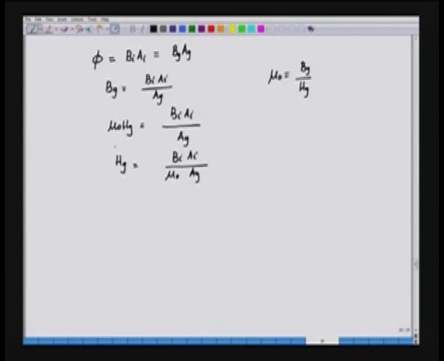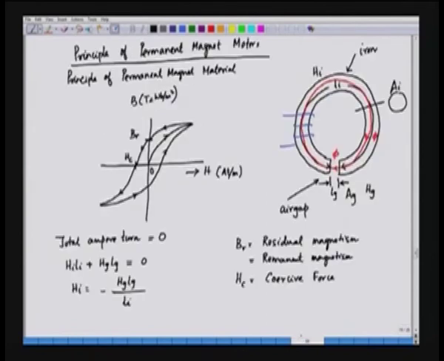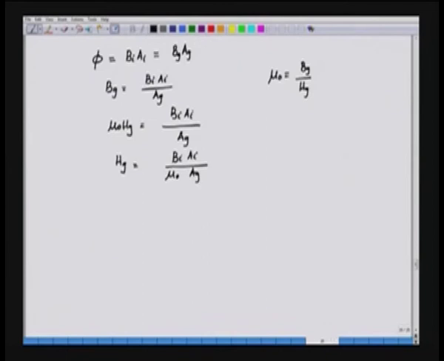Now this Hg we can take from this equation and replace in the previous equation, where we have the Hg term. We replace it by Bi Ai by Ag mu naught.